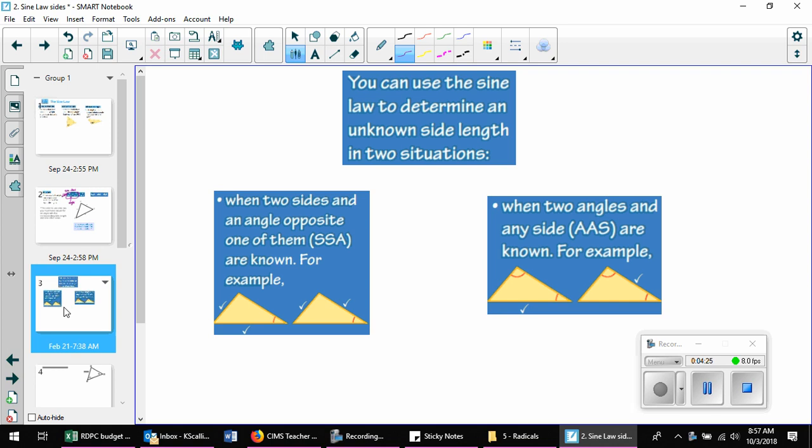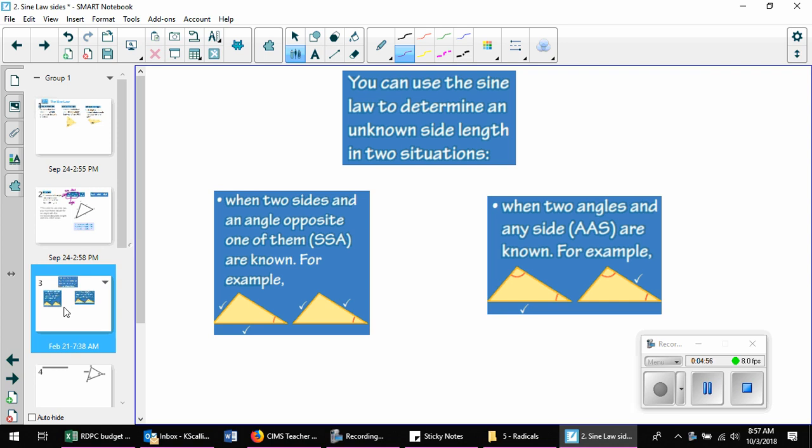You can use the sine law to determine an unknown side length in 2 situations. When 2 angles and a side opposite one of them are known, so side, angle, side, angle, you can find the other side.